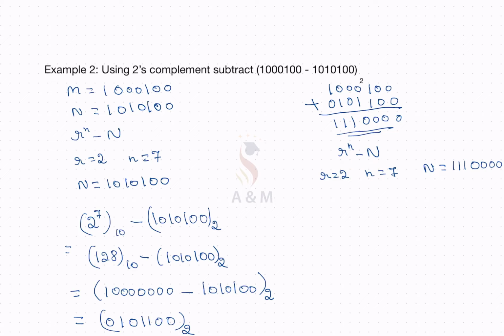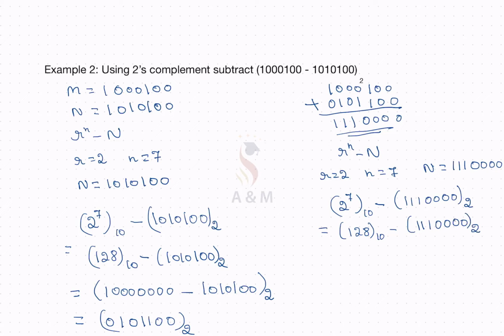Now substitute these values into the formula r to the power n minus N. We get 2 to the power 7, which is in base 10, minus 1110000 to the base 2, which is equals to 128 to the base 10 minus 1110000 to the base 2.